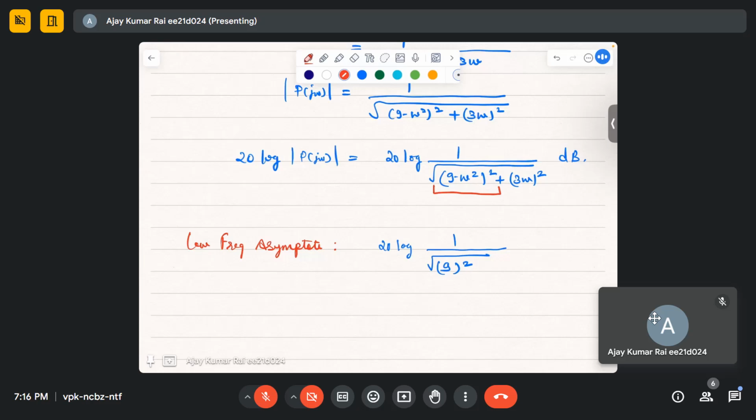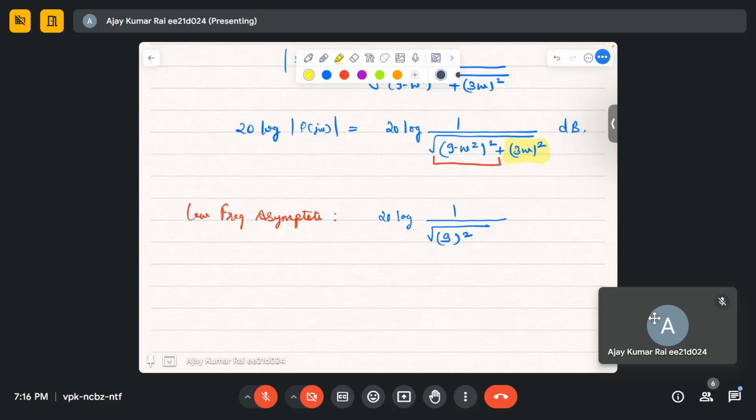So let's ignore omega square: 9 minus omega square tends to 9. Again I compare with the term 3 omega square, the same comparison, 9 against 3 omega square. Omega is very small, so that's how we came to this. This can be written as 20 log of 1 by 9.